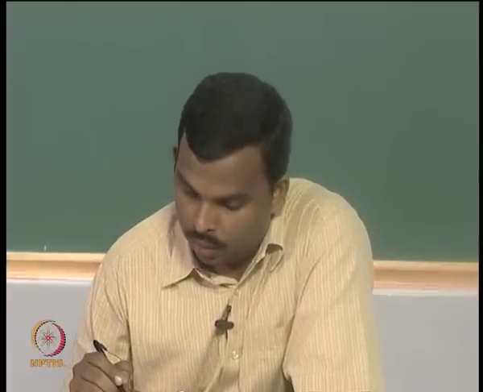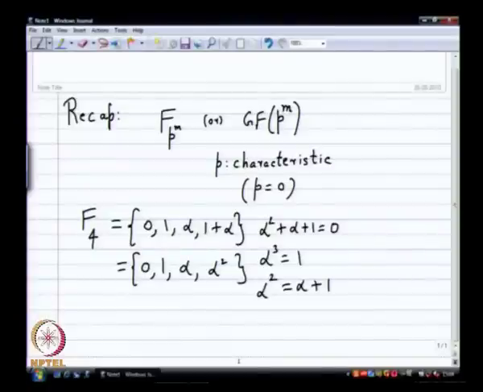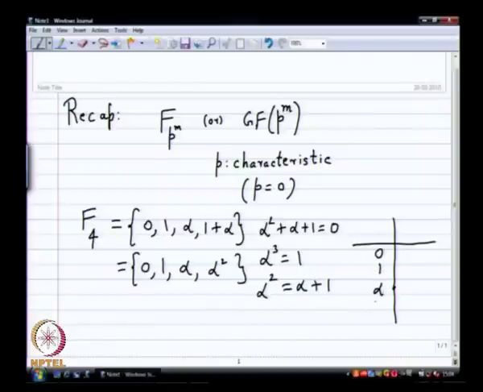If you want some kind of a representation or a table for this field, it is common to write the table in this form. It has just 4 elements: 0, 1, alpha and 1 plus alpha.